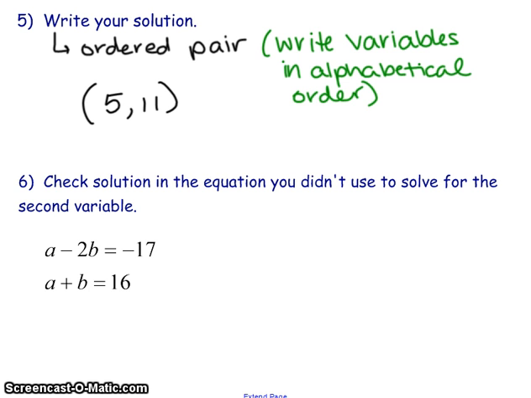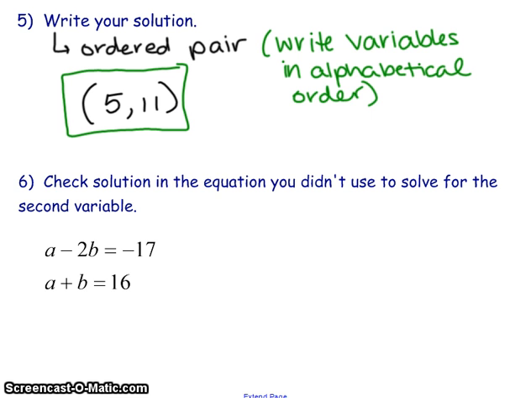And this makes sense because we have learned previously that the solution to a system of linear equations is always a point. So this would be the point where those two graphs intersected, and we found it algebraically instead of by graphing.